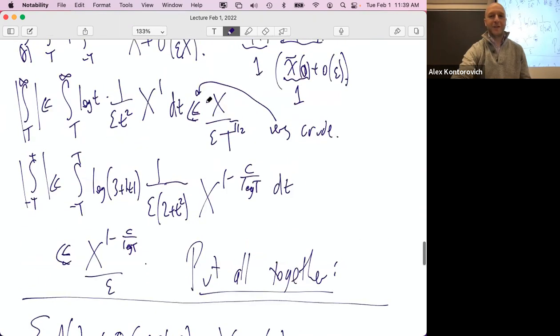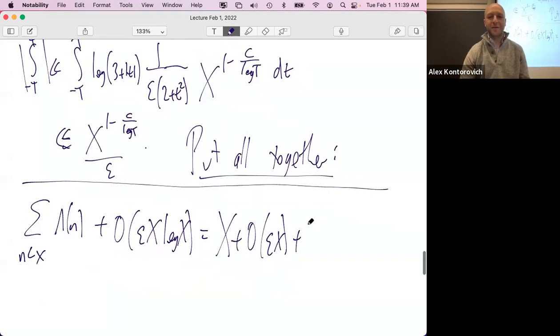One error term is x over epsilon t to the 1/2, being very crude. This is the large t savings, and the other error term is the small t one, going inside the zero-free region, with savings over epsilon.